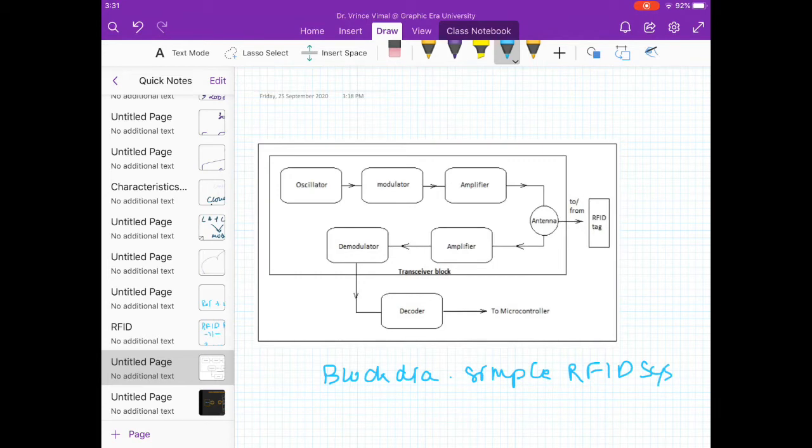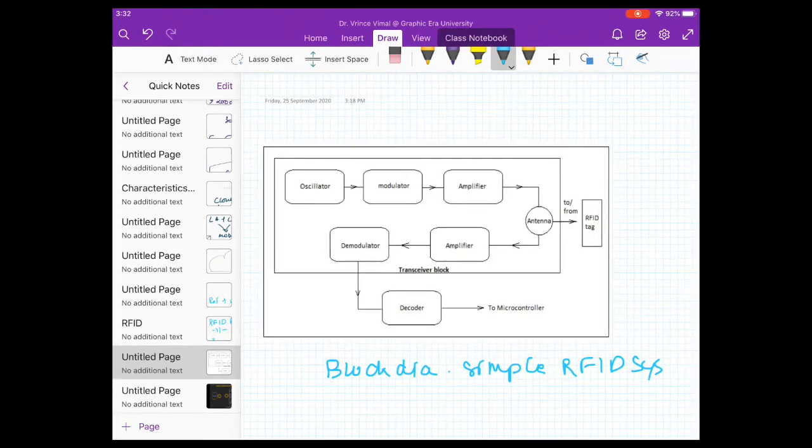Basically, as we talked about in the last lecture, it generates an electromagnetic wave. To generate a wave, we need to have an oscillator. We know that the RFID reader stays on all the time and is normally powered from an external power source, or it is battery assisted.